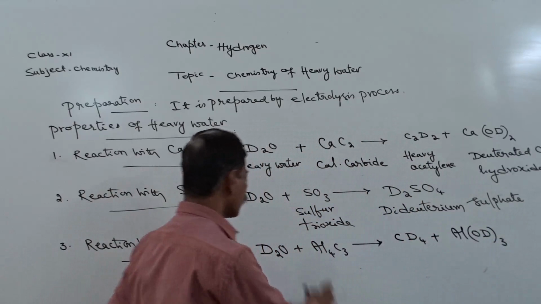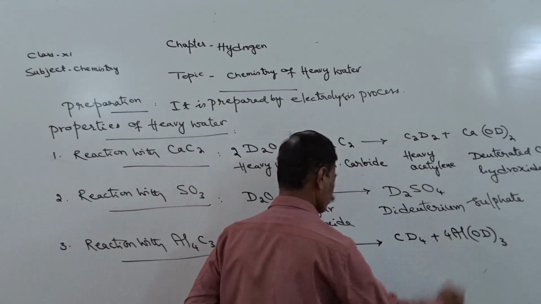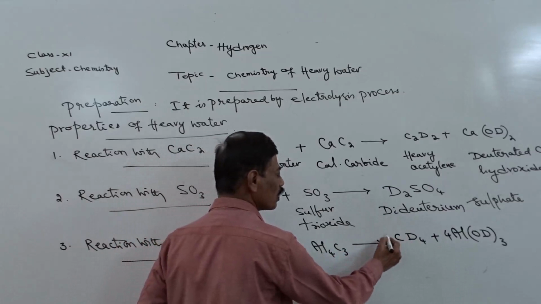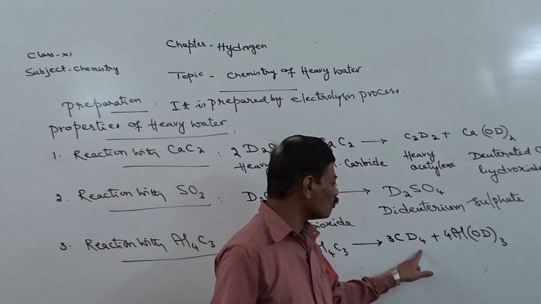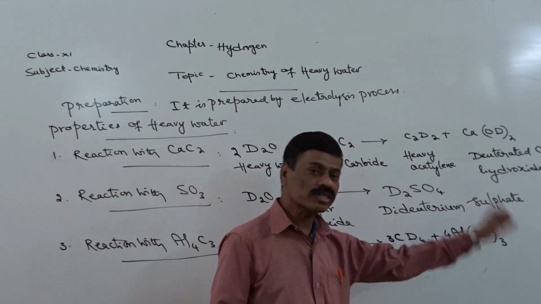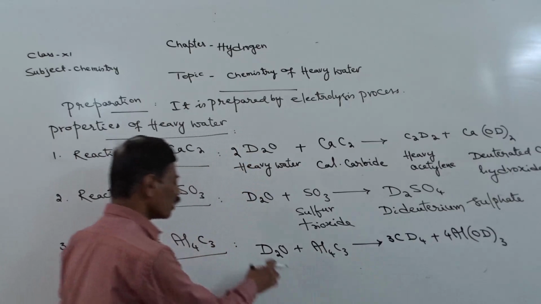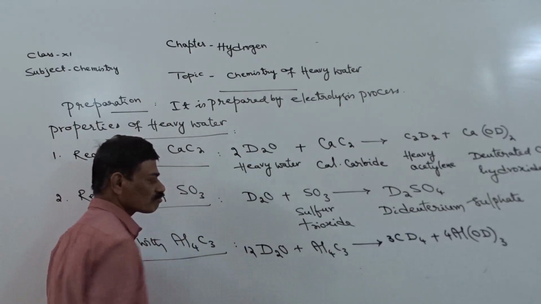Right. Here we have 4 aluminum atoms. So here only 1. We will multiply with 4. Carbon atoms here 3. Right hand side only 1. So multiplied by 3. Now deuterium atoms here 12 and here 12. 24 deuterium atoms we have towards right hand side. And here only 2. So we will multiply with 12.